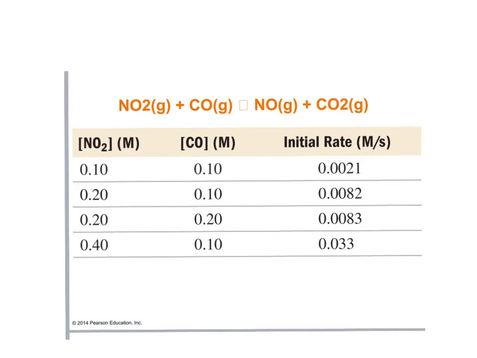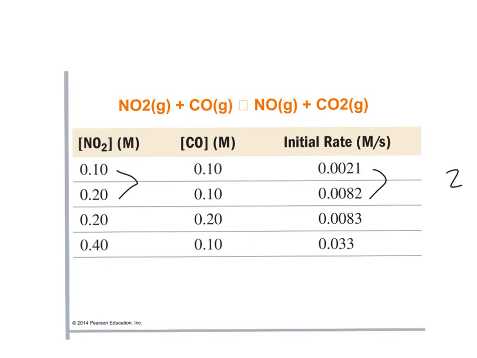Let's look at this. If we're looking at data and we're doubling NO2, what happens to the rate? The rate goes up by a factor of 4, so that makes the NO2 effect 2.